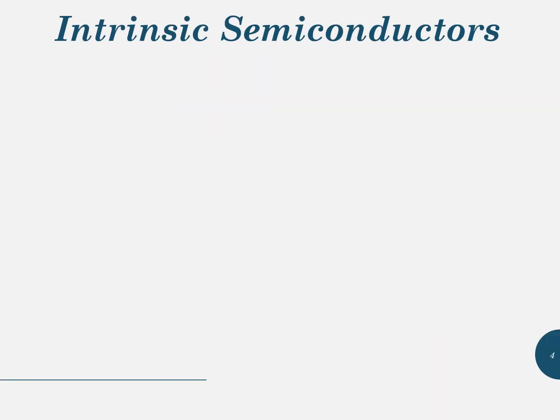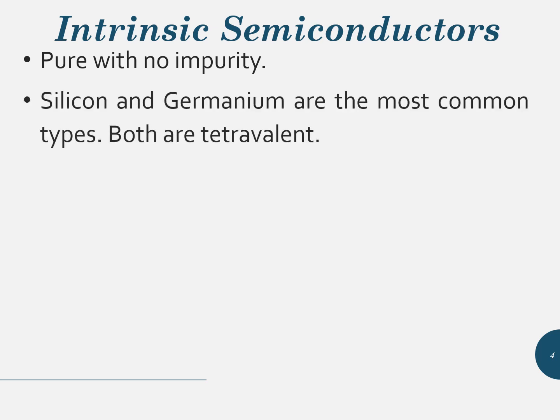What are intrinsic semiconductors? A perfect semiconductor with no impurity is intrinsic in nature. Germanium and silicon are the most common types of intrinsic semiconductors. They both are tetravalent.